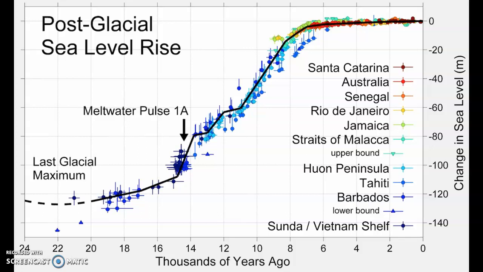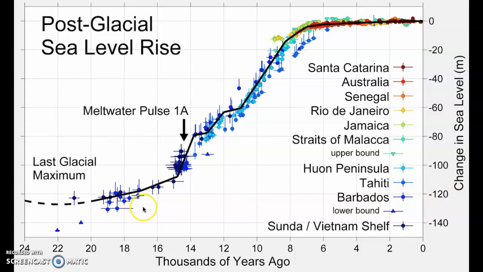And if you look at a place where you've got coral, such as Barbados, which has been instrumental in developing this curve, and you look at corals that are cored off the shelf in Barbados, so in somewhat deeper water, you find corals that previously grew in waters around 120 meters below the current sea level.